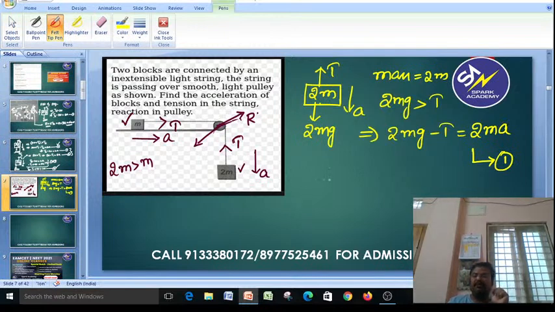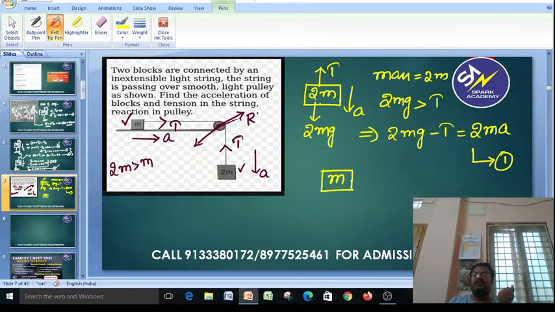And what about the m block here? Whenever the block is in horizontal motion on a smooth surface, friction force does not exist. And for a block in horizontal motion, there is no need to consider the vertical forces, because the weight of this block is balanced by the normal reaction.